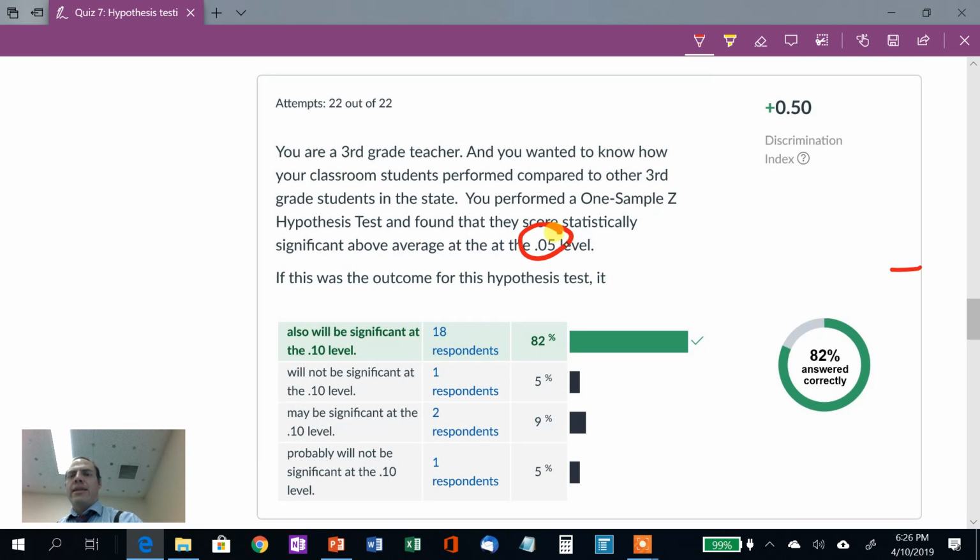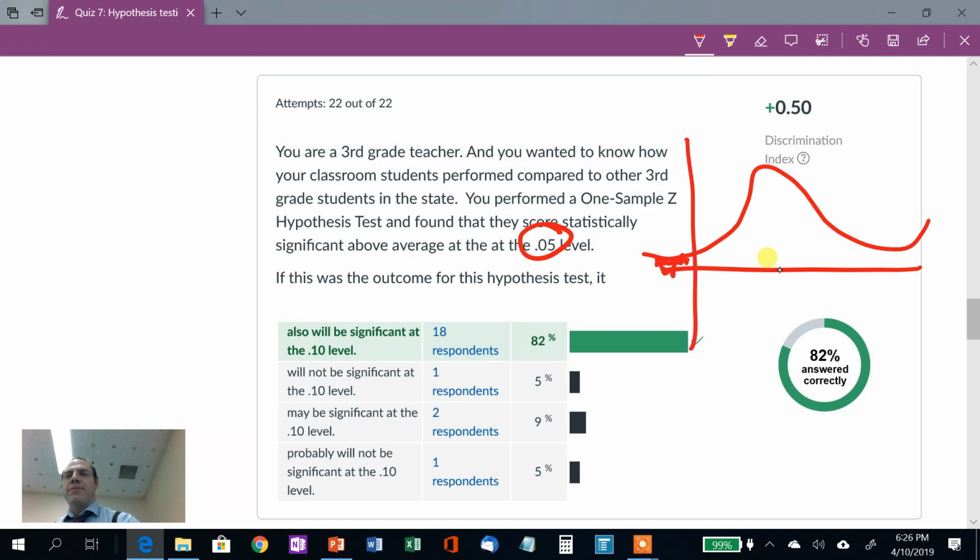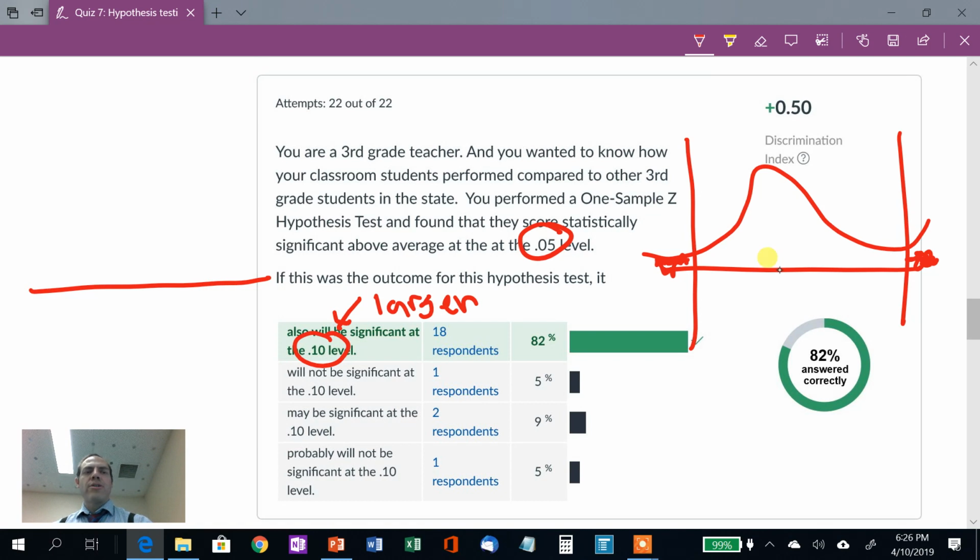So I already said that at the 0.05 level, the critical values or the regions of rejection are this much, for example. But here, it will also be significant at the 0.10 level. Since 0.10 is larger, the regions of rejection are larger as well. So these are more here.